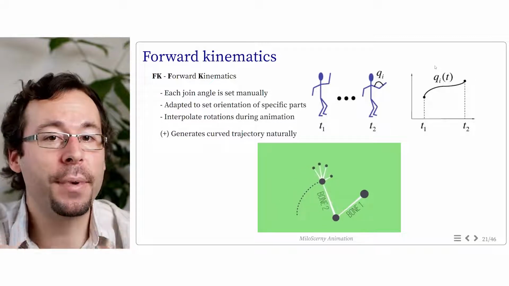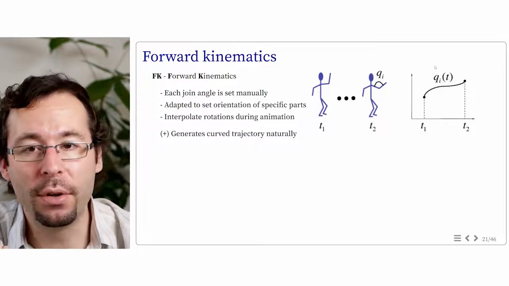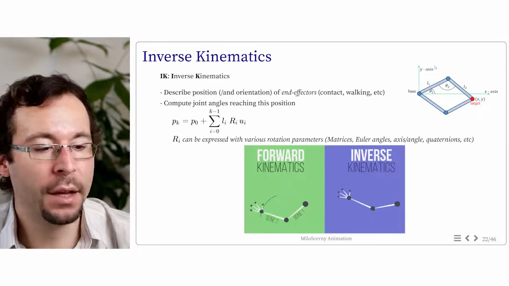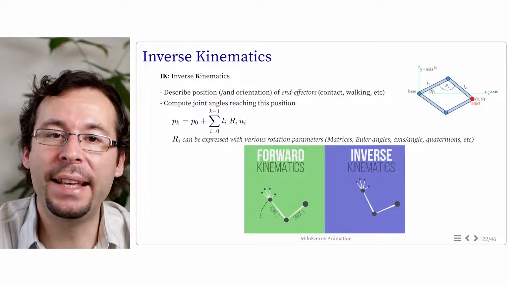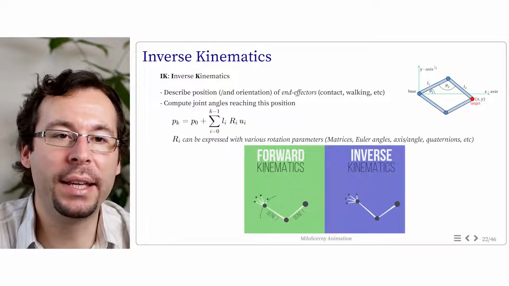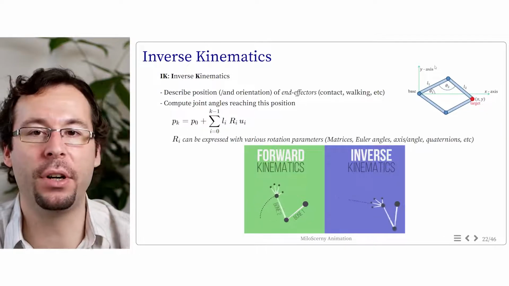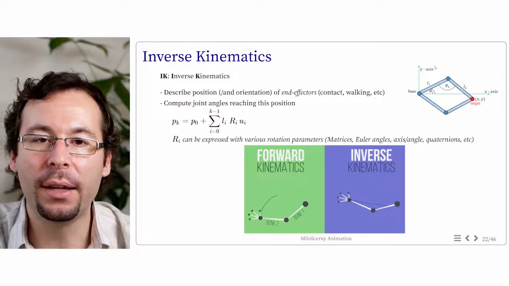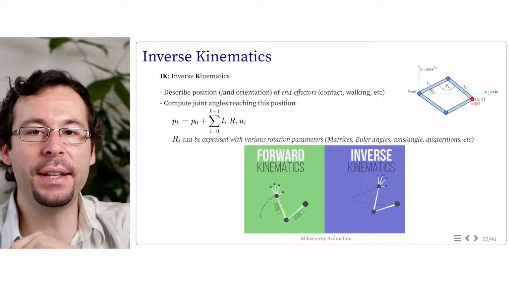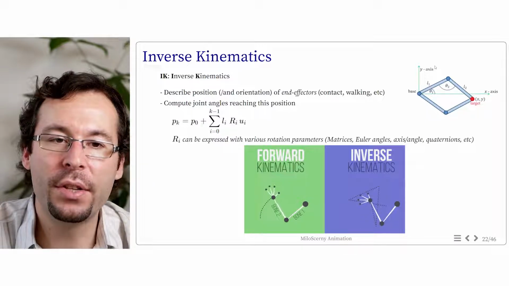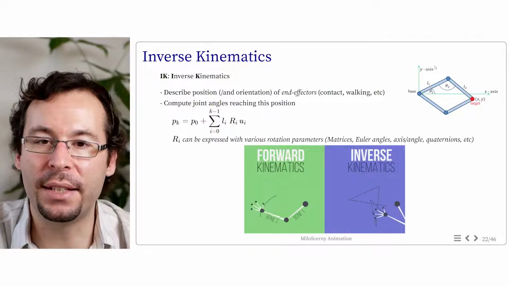And actually, automatizing this process is called the inverse kinematics. So inverse kinematics, or IK, is the way where we can describe an objective position and orientation to an end effector, which is an extremity, and compute the angles of the intermediate joints from the root to this end effector, such that this constraint is satisfied.